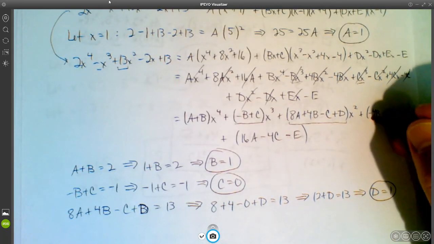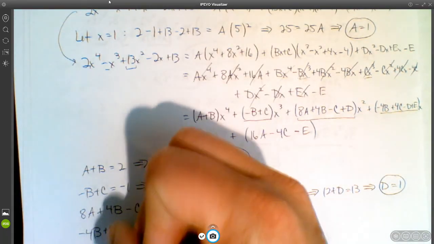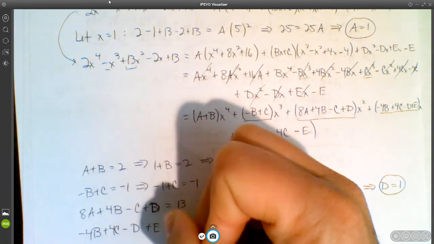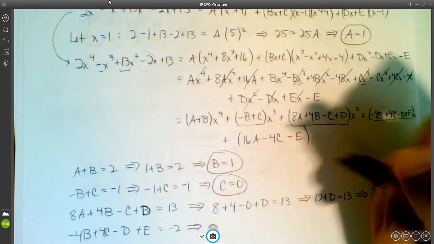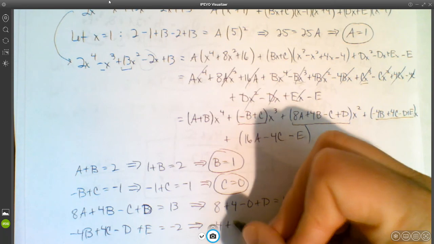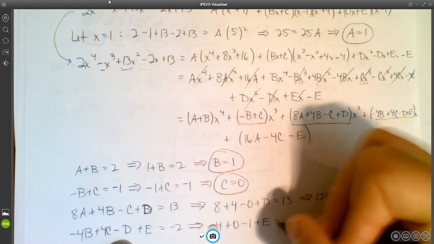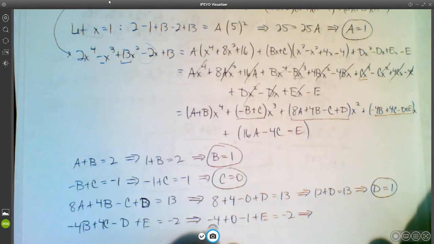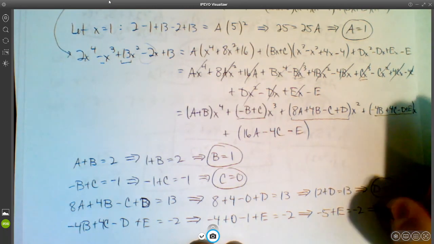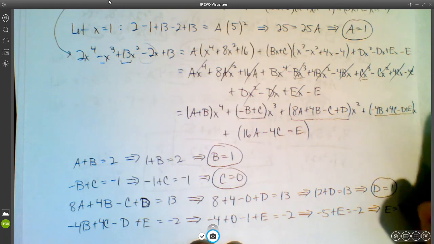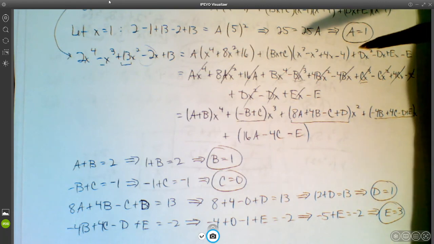I can get e from right here. So I know that negative 4b plus 4c minus d plus e has to equal negative 2, right? Equating the coefficients. b is 1, c is 0, d is 1. So negative 5 plus e equals negative 2. Add the 5 and you get e equals 3. Okay, so finally something that wasn't 0 or 1.